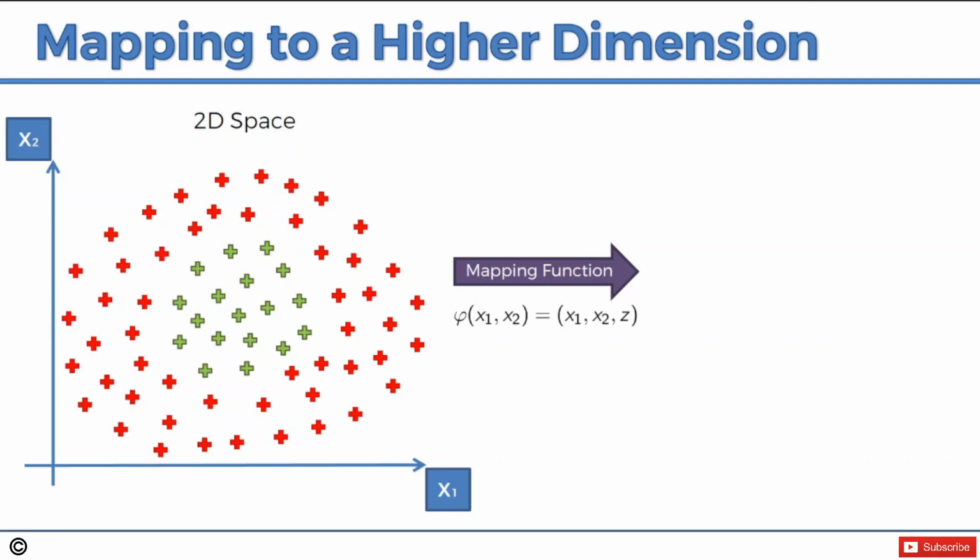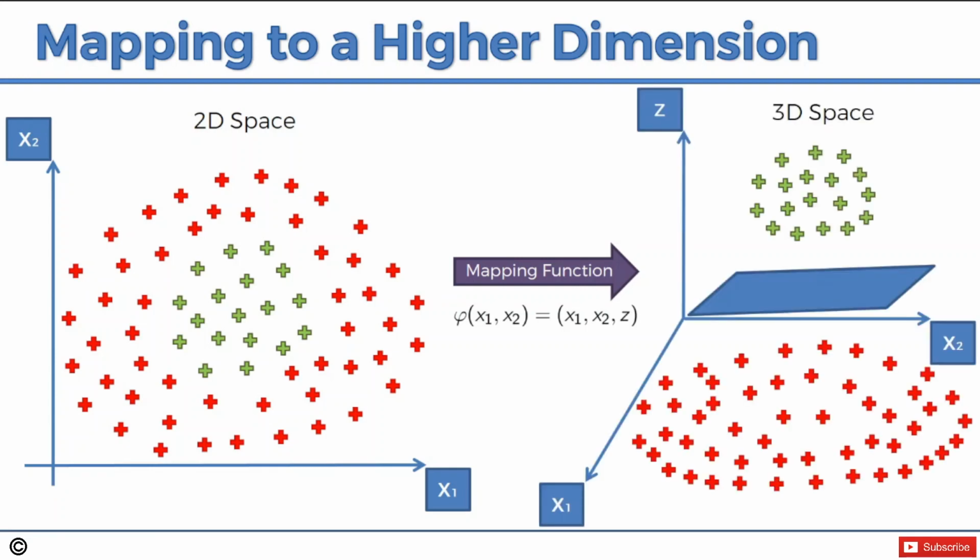We've seen empirical evidence that it is possible to do, and the same thing applies to two-dimensional space moving into a three-dimensional space. You would map it into a three-dimensional space, and then somehow it would become a linearly separable data set in this space. Here we've got the new dimension, which is Z, and in a three-dimensional space, the linear separator is no longer a line, it's a hyperplane.